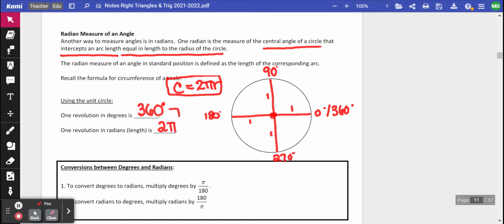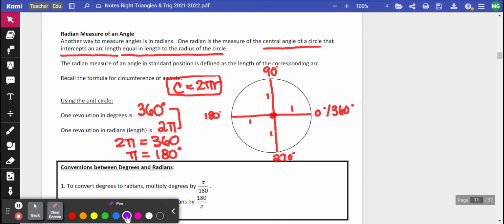Now, these two values might be measuring around the circle differently, but they both measure 1 revolution around the circle. And like I said, we're dealing with a unit circle, so it has a radius of 1. So here's what we need to know. 2 pi is essentially equal to 360 degrees. So dividing, we get pi is equal to 180 degrees.